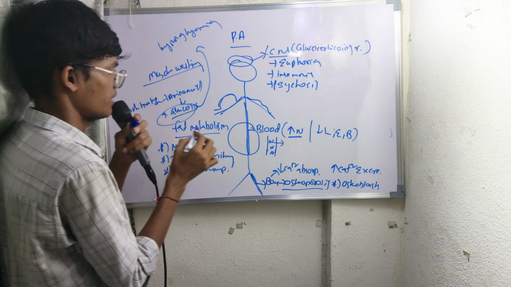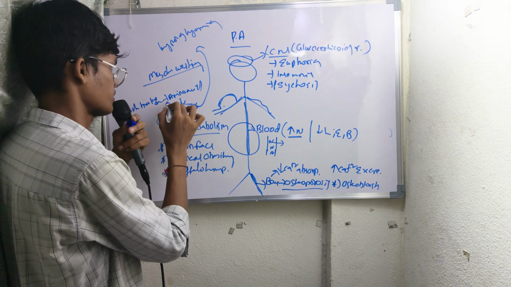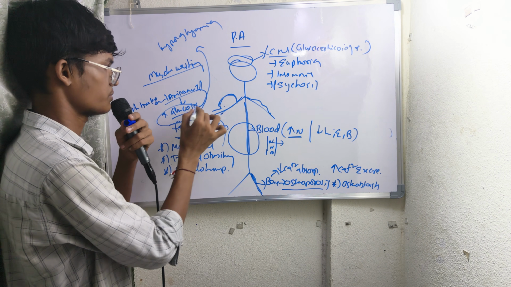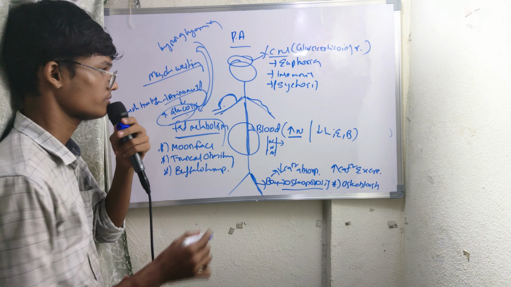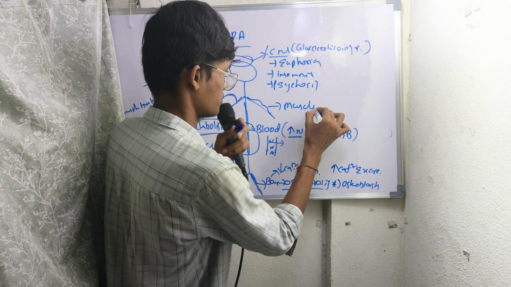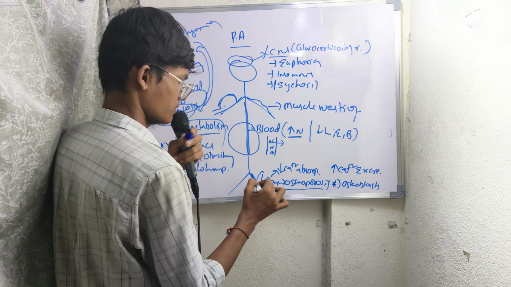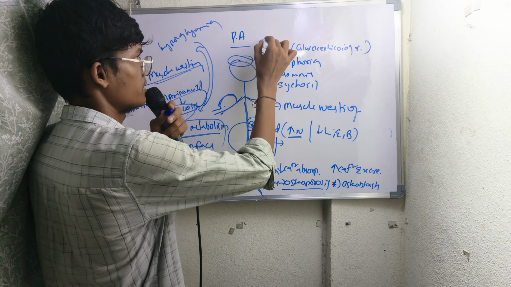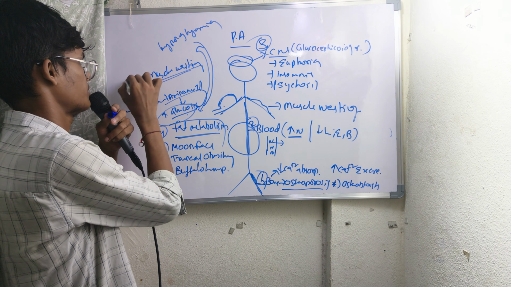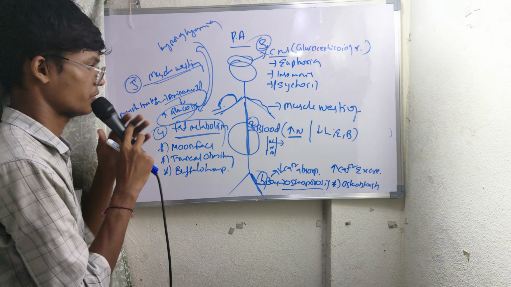So to increase the glucose, the muscles are being broken down and amino acids are produced and glucose is formed, and there is hyperglycemia. Okay, if it is prolonged, we can see muscle wasting. How many have we got? We'll count. 1, 2 blood, 3 CNS, 4 fat metabolism, 5 muscle wasting. Okay, these are the most important things.